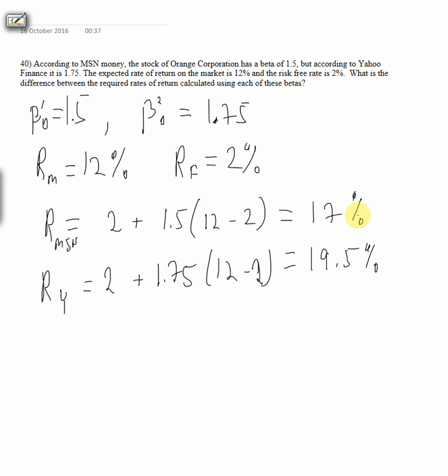So the difference between them is going to be 2.5%. You subtract the smaller one from the bigger one, so this is the answer. The difference in the required rate of return between the MSN beta and the Yahoo beta for Orange is 2.5%.